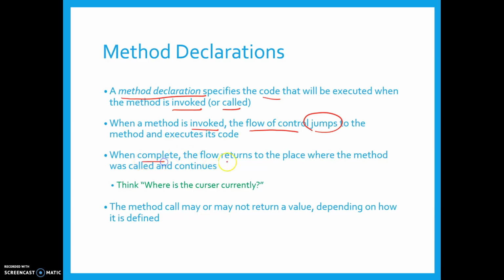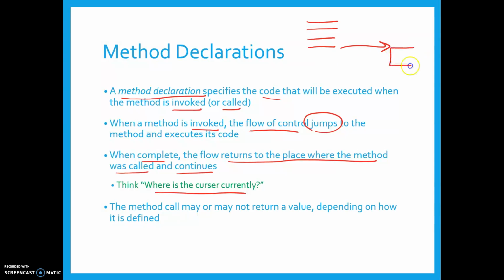And when it's completed, the flow returns to the place where the method was called and continues. So you can think of it like, where is the cursor currently? For example, if I were to have code, and then I had a method call, I would come over here, execute the method call, and then when I was all done, I would return where I left off and continue with more code.